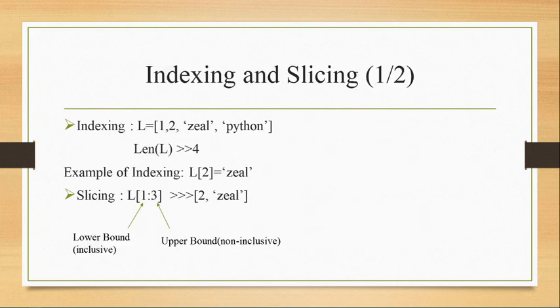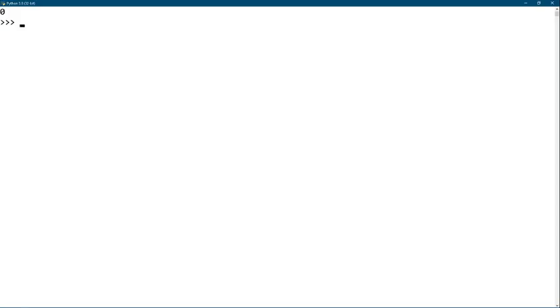Let us see an example of indexing in a list. Suppose we have a list L with elements 1, 2, the string zeal, and then another string Python.